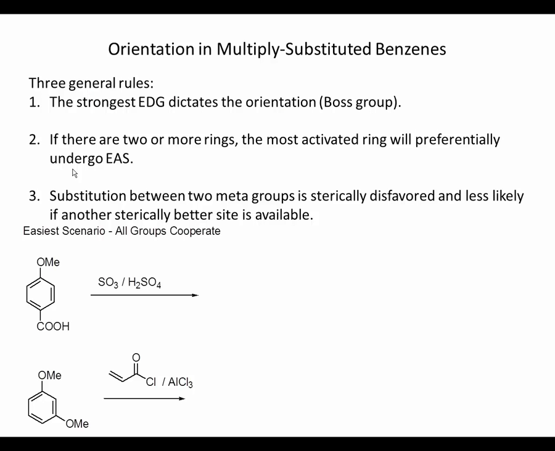Okay, let's look at how we predict where substituents are going to go in multiply substituted benzene rings. There are three general rules. The strongest electron donating group dictates the orientation, and I just refer to this as the boss because it's the only one whose opinion counts.